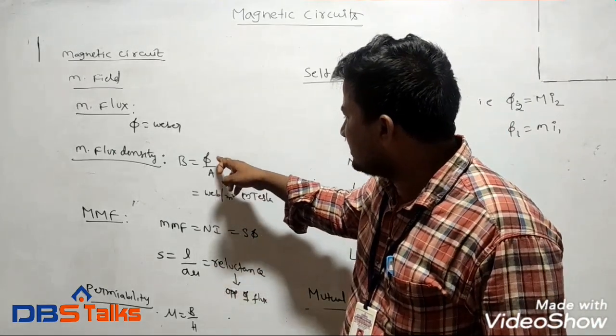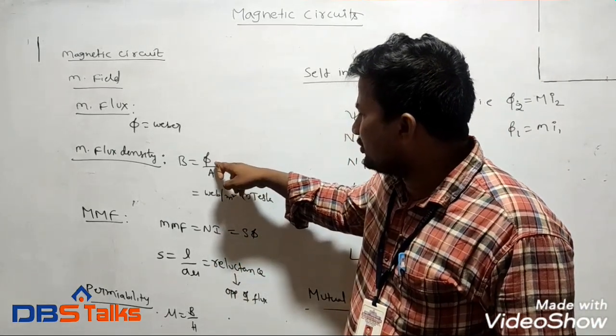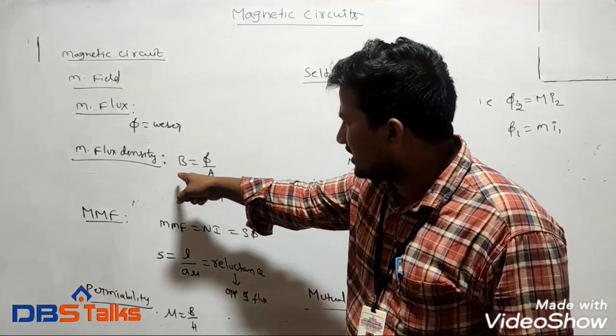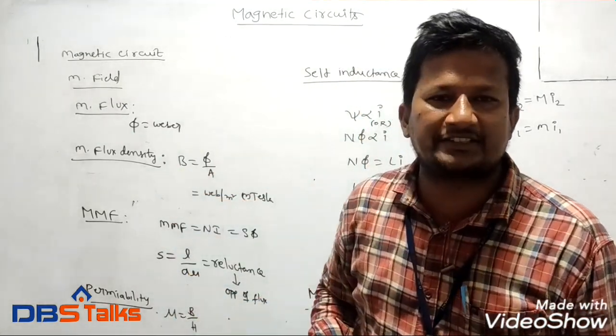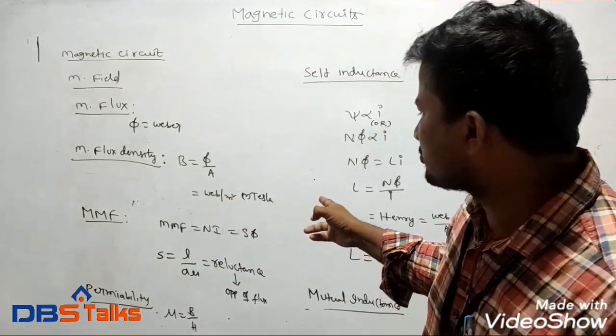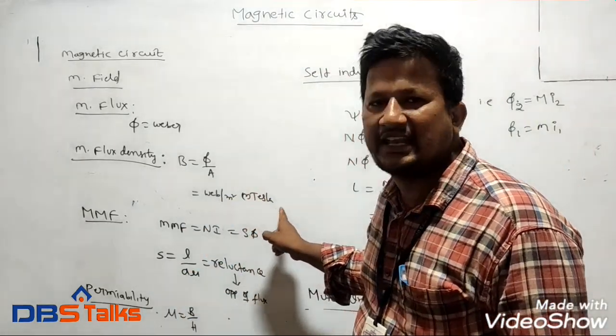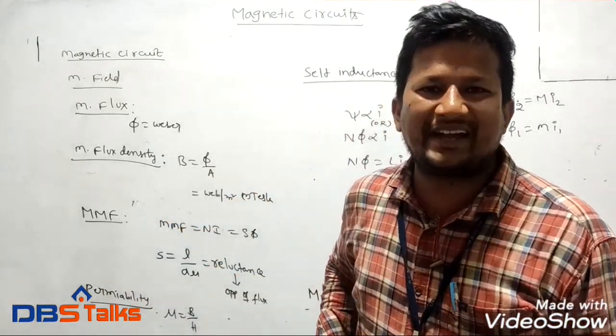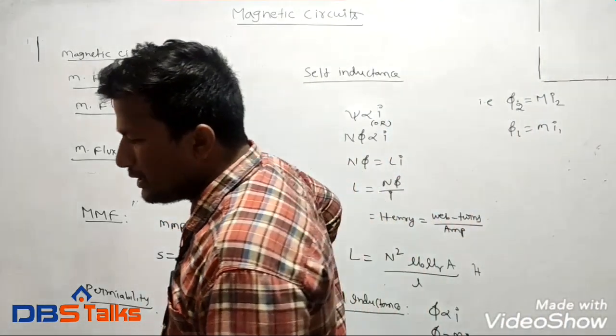The unit of phi is Weber and the unit of A is meter square. So the unit of magnetic flux density is Weber per meter square, or you can call it Tesla.